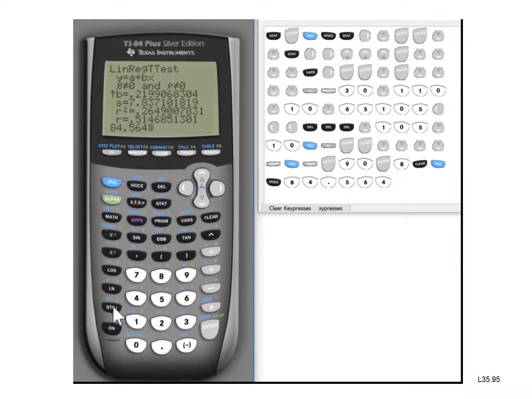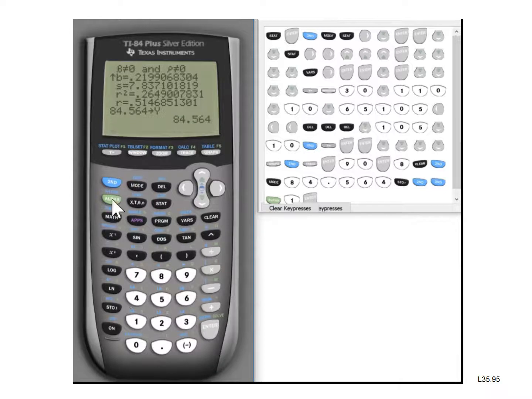You see your store button here on the left. I want to store that in, let's choose alpha. Let's put that in Y. That'll be easy to remember. So now whenever I push the Y button, it's going to return that 84.564. Great. So there's our predicted Y value.